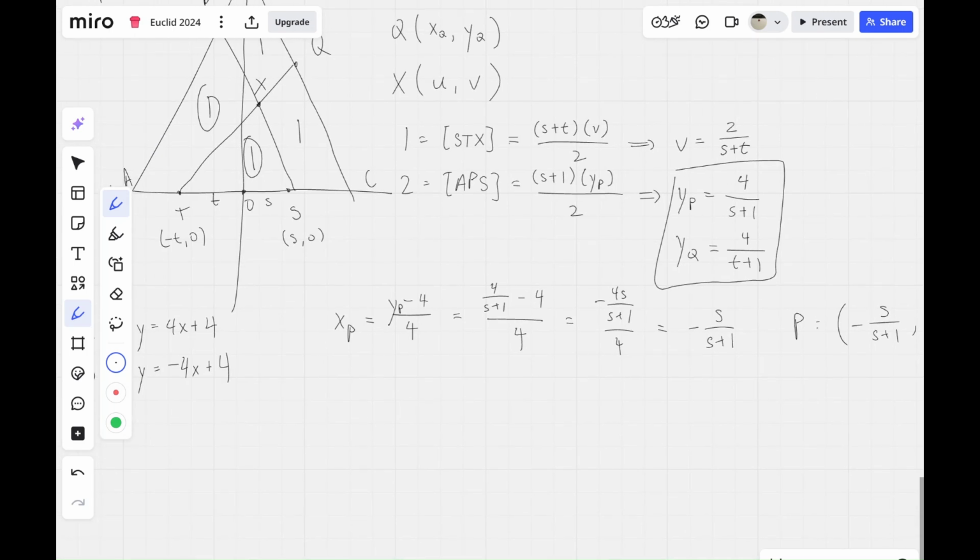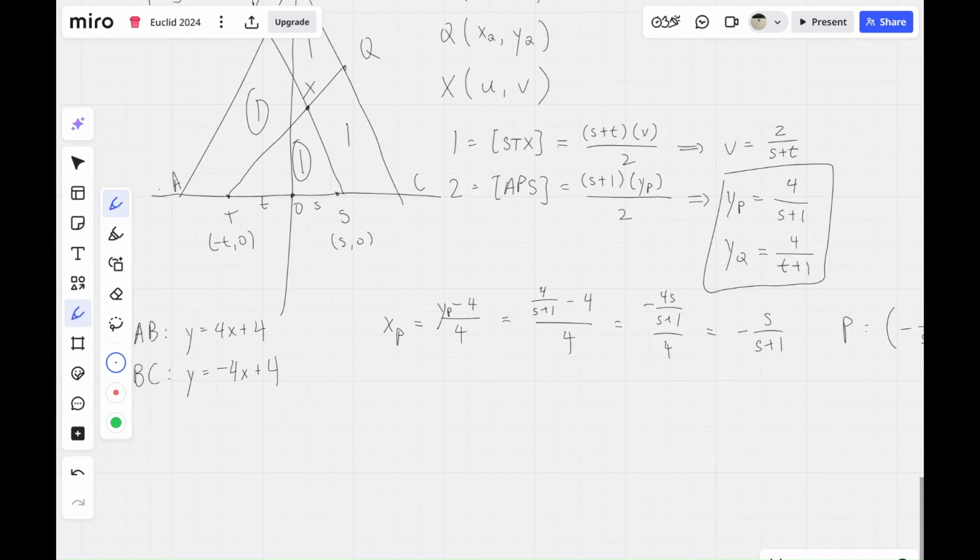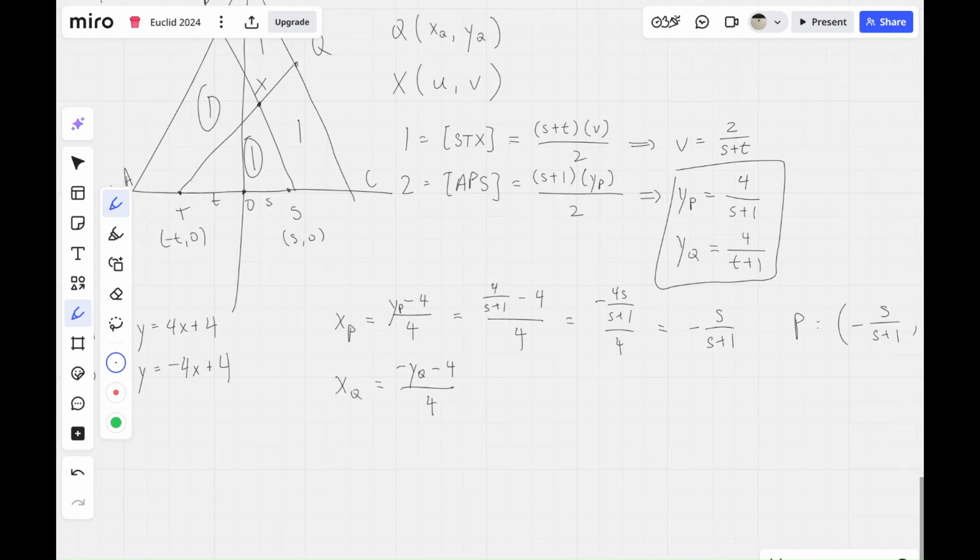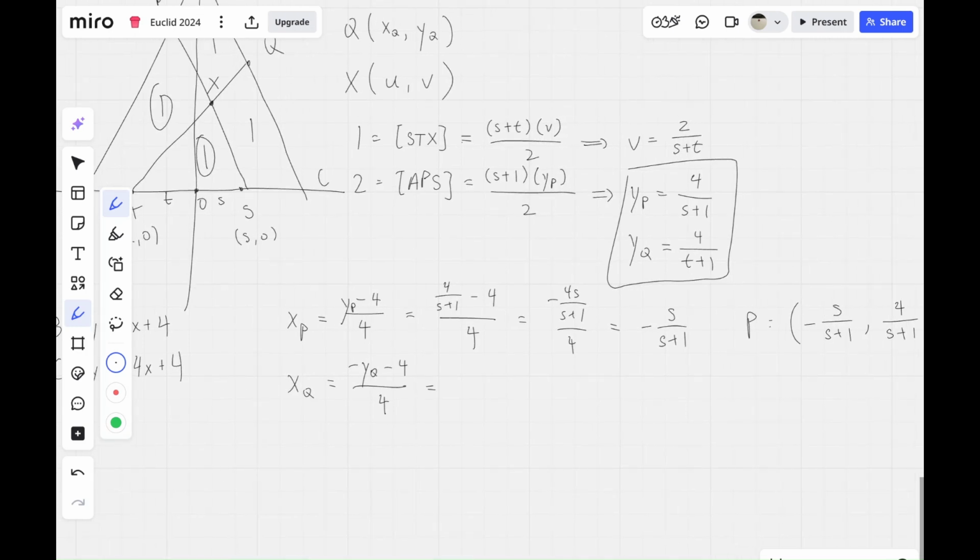Similarly, we can do the same calculation for Q. We already know the y-coordinate of Q, and since it lies on line BC, we must have that the x-coordinate is equal to negative (y minus 4) over 4, which equals negative (4 over t plus 1) over 4.